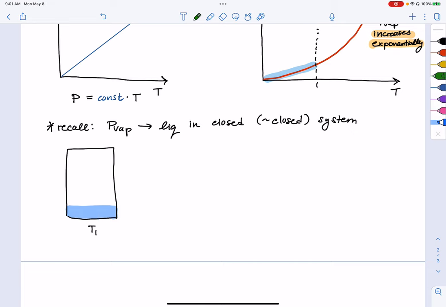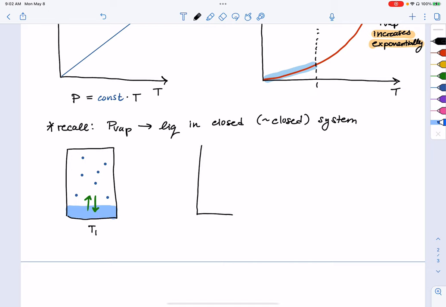So at T1, there is going to be a phase equilibrium that is established between the gaseous and the liquid phase. So I will see some amount of gas particles or vapor particles found in the headspace above the liquid.